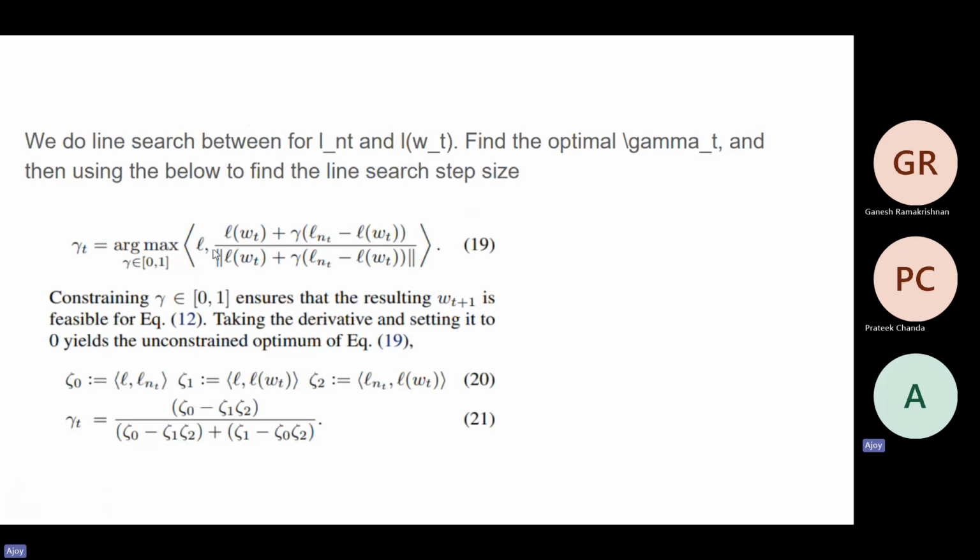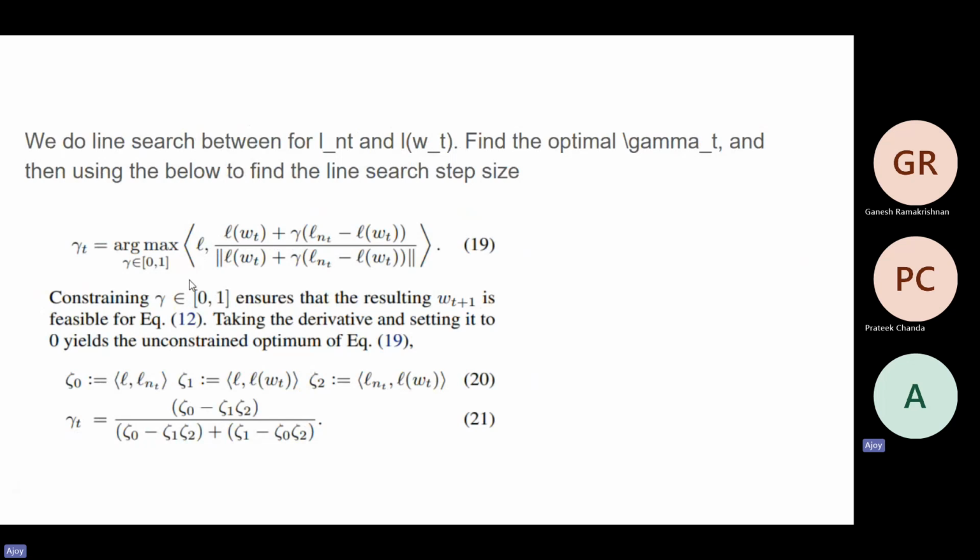We will first find a convex combination of LWT and LNT, and we will try to align it with L, the normal vector.